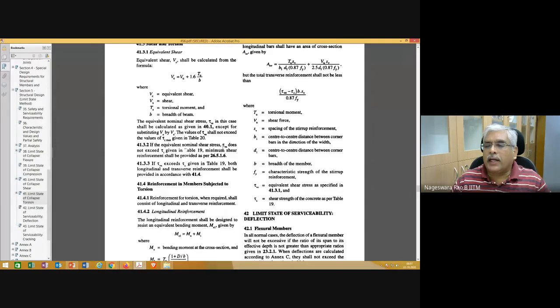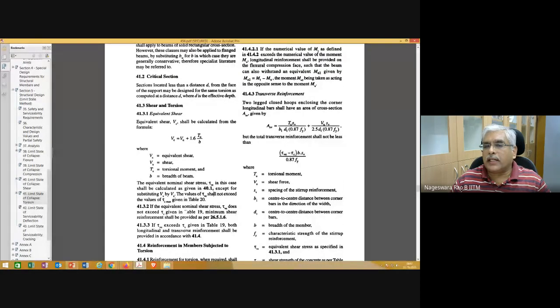And how do you calculate the reinforcement? That is given here. Two-legged closed hoops enclosing the corner longitudinal bars shall have an area of cross section given by this. So making use of this relation, please note that by the time you come to this calculation of transverse reinforcement, you will be knowing the dimensions of the section, and also the longitudinal reinforcement and other things.